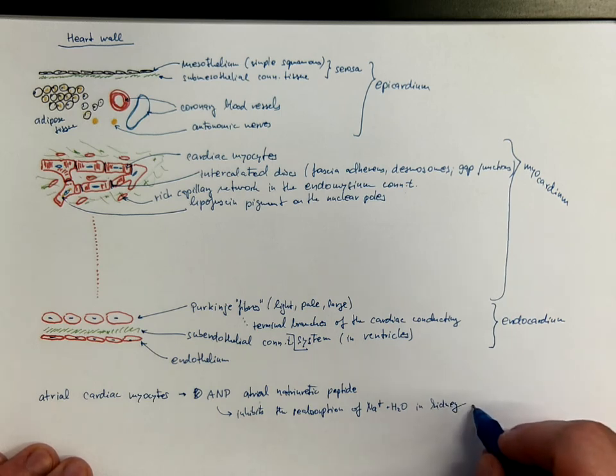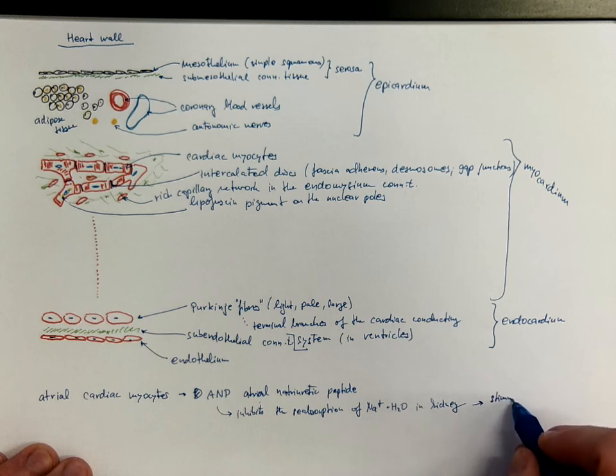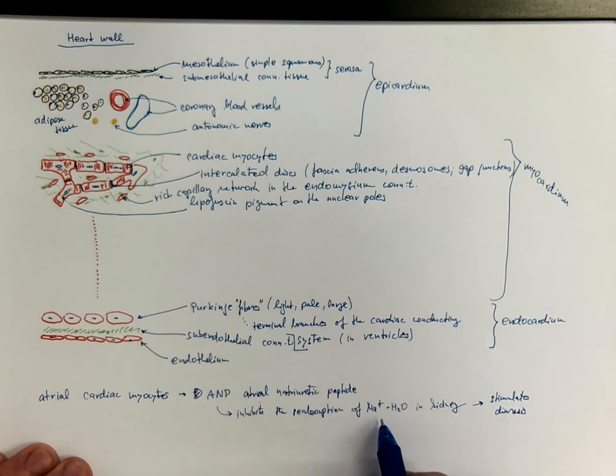Therefore, it stimulates the diuresis. Excretion of sodium, therefore natriuretic, and water in the urine. So less sodium and less water is retained in the body, which contributes to lowering the volemia.